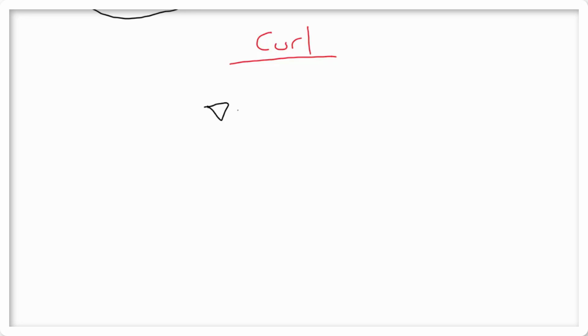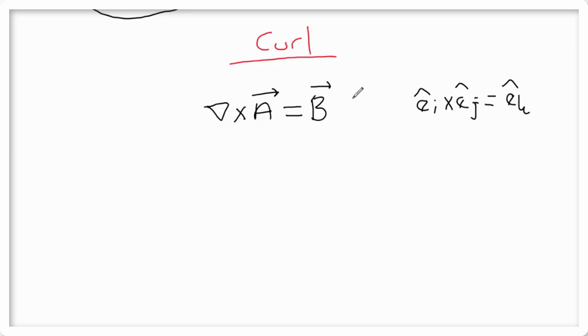Curl means that the cross product is done, and when I cross the direction vector, if you remember what it was doing, it will give us another direction vector in the form of a projection to a third direction vector. Because you know, e_i cross e_j will give me another direction vector. So we understand from this result that the result here is a vector.